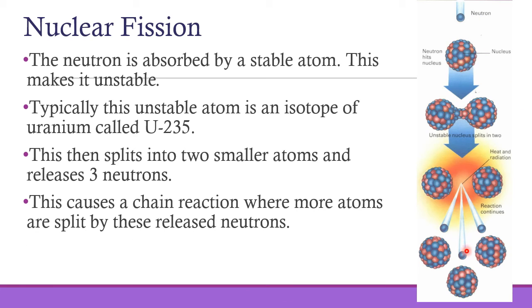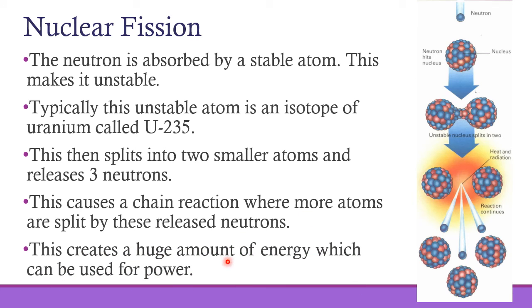This sort of reaction keeps unfolding in the nuclear reactor, causing lots and lots of energy to be produced, and that means that lots more electricity can be produced. So it creates a huge amount of energy which can be used for power. This diagram shows a simplified version, but from 1 neutron, the reaction continues and creates a huge amount of further reactions from this 1 reaction.